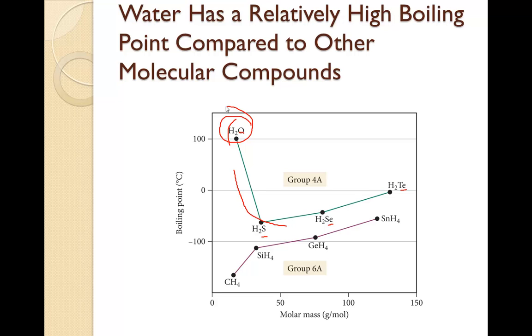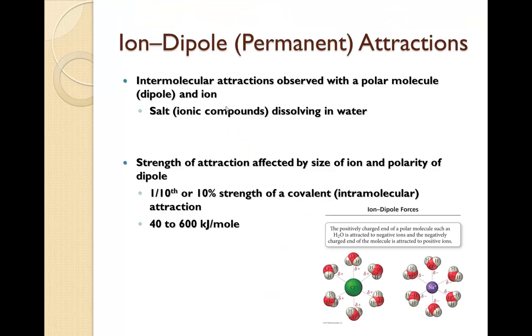The ion-dipole interaction involves a permanent dipole, meaning that it's a polar compound. And so if we put an ion in here, for instance, if we take salt and dissolve it in water, NaCl breaks apart into Cl minus and Na plus.